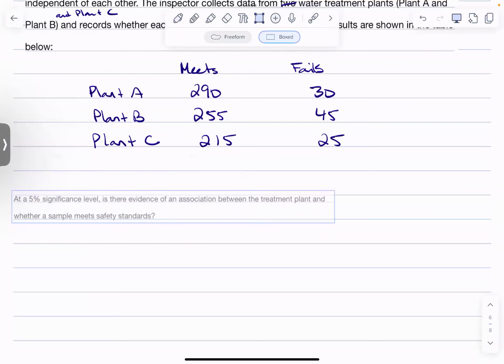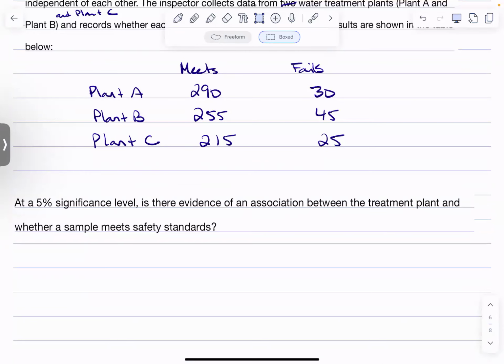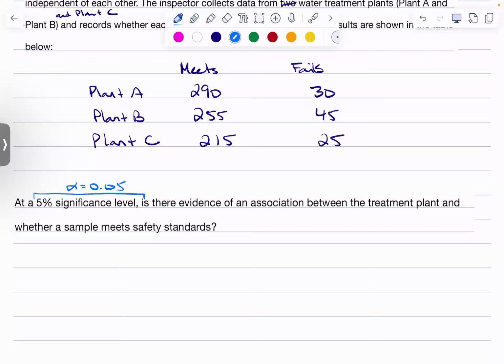is this. At a 5% significance level, which we've seen is the alpha level, right? And so this means that alpha is 0.05. Is there evidence of an association between the treatment plant and whether a sample meets safety standards, right?